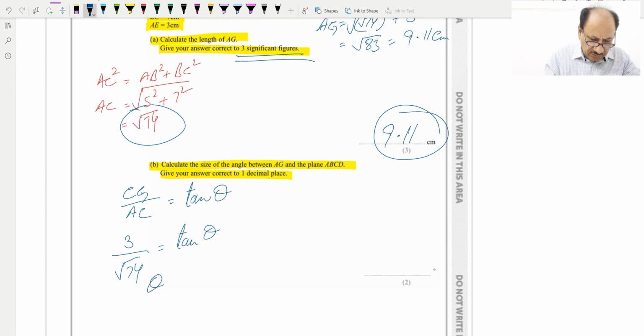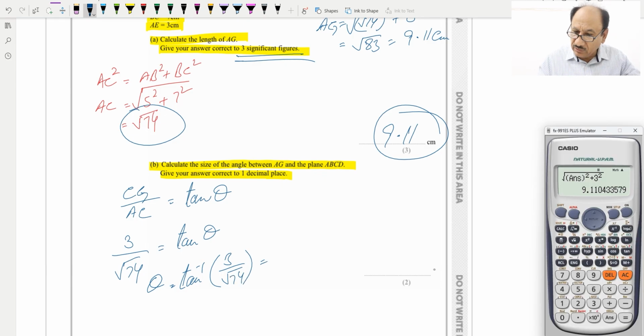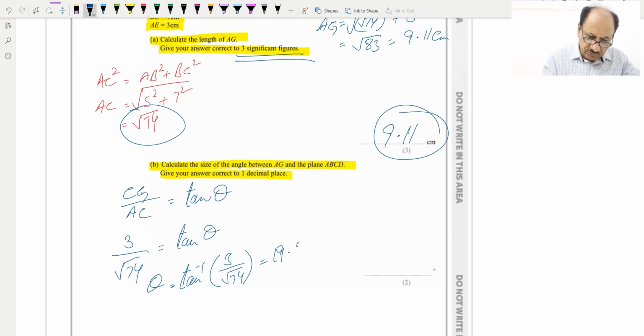So theta will be equal to tan inverse of 3 over square root of 74, and we can calculate this. This will be shift tan of 3 over square root of 74, bracket close, and this will be 19.2258 something.